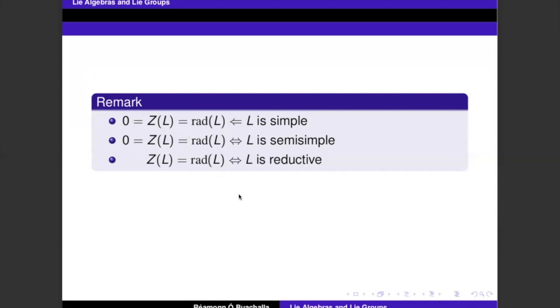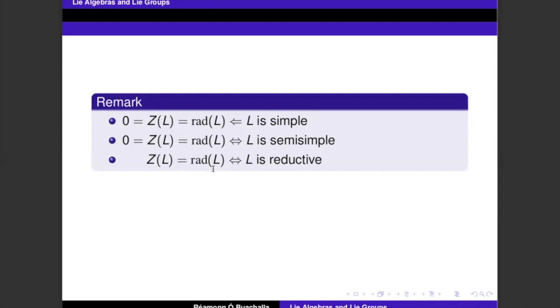But now we see that the way they were previously defined, simple, semi-simple, and reductive seemed a little bit strange. These two were clearly a generalization of this, and this seemed like it didn't belong so much in the definition. But now we see that it actually does if we express it in these terms.